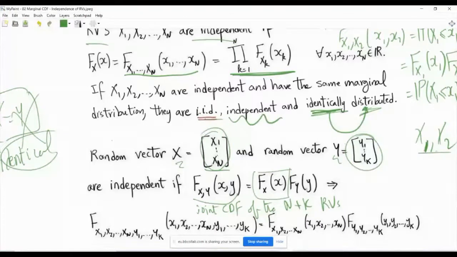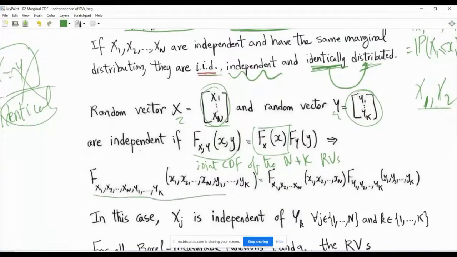Note that when I say that two random vectors are independent, I do not necessarily say that the x's themselves are independent of one another. What I mean is this. The joint CDF of the x's and y's, if random vector x is independent of random vector y, which is the probability that big x1 is smaller than small x1, big x2 is smaller than small x2, and so forth, can be written as the joint CDF of the x's and the joint CDF of the y's.